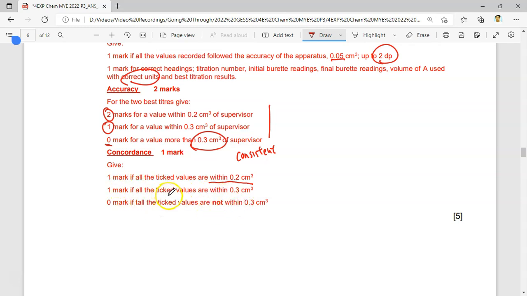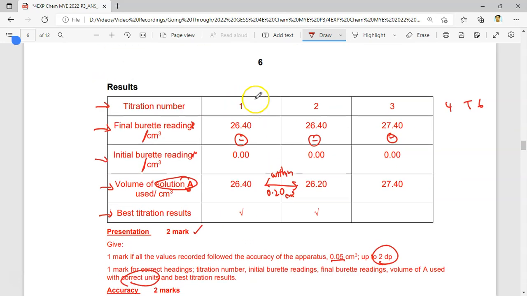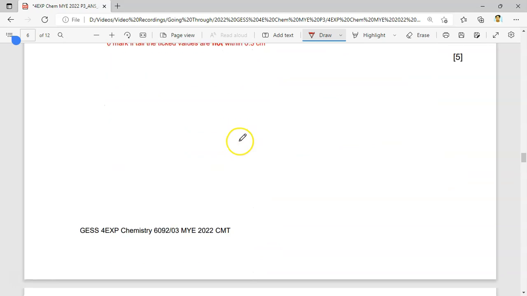I think you can roughly get the idea. So within 0.20, 0.30, but in actual fact, within 0.20 is the one that we're looking out for. So try not to go beyond this. Concordance is actually about the consistency of your titration values chosen. So this is regarding your titration table that you have over here.